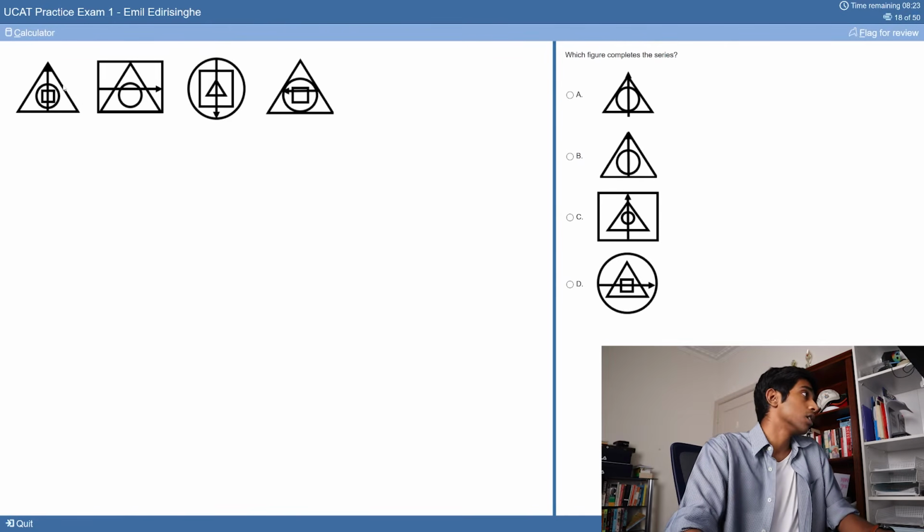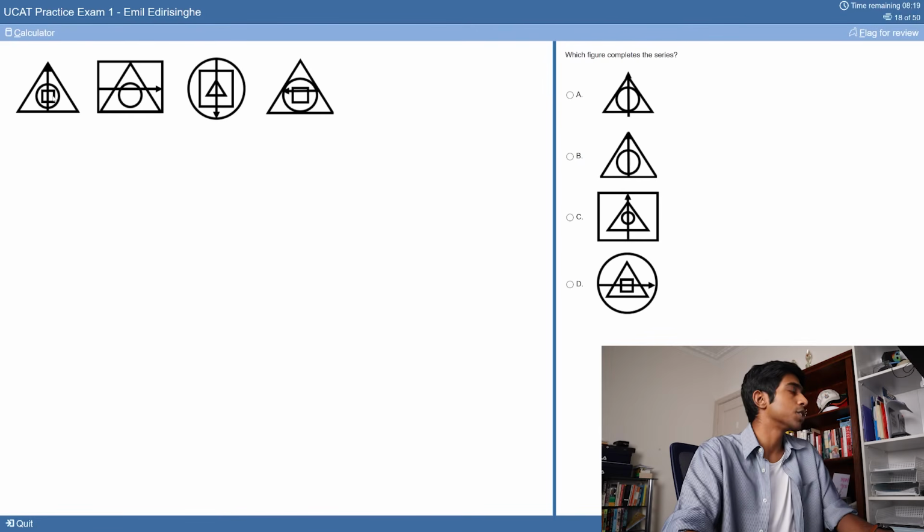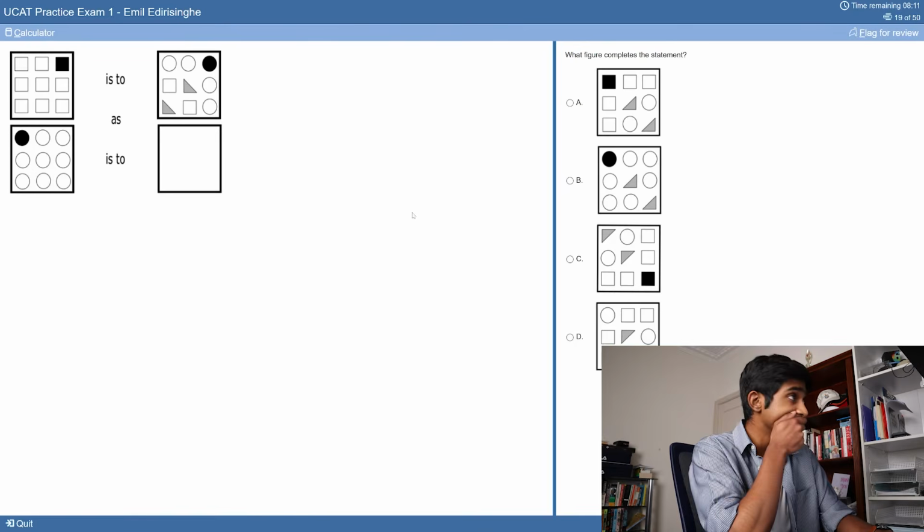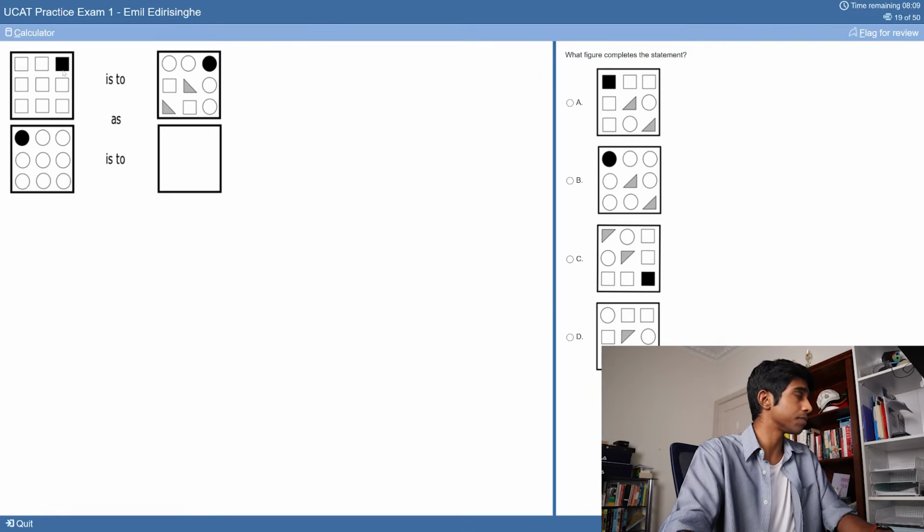Okay. This one, the middle shape moves out again and again. So then in this one, the square is going to be the outside shape, C. Here, the black square.